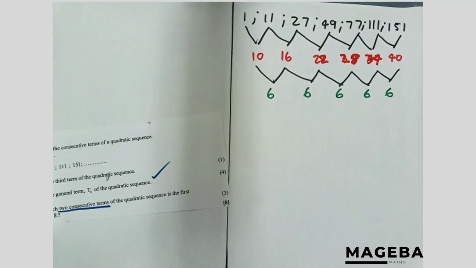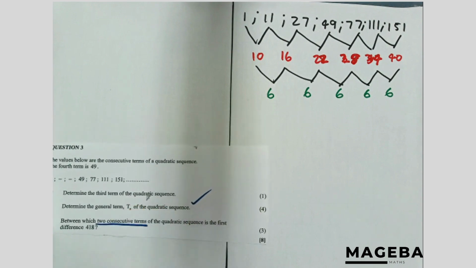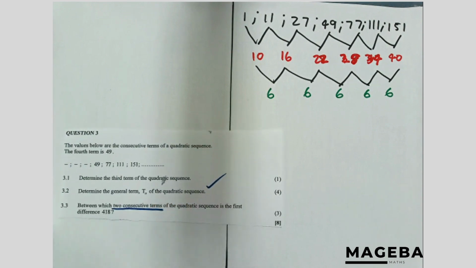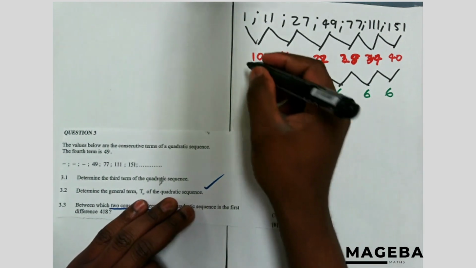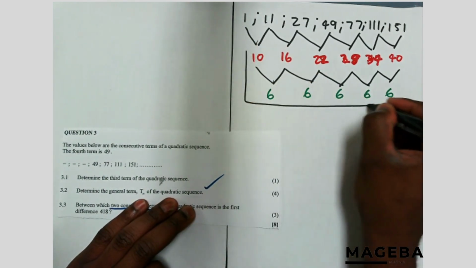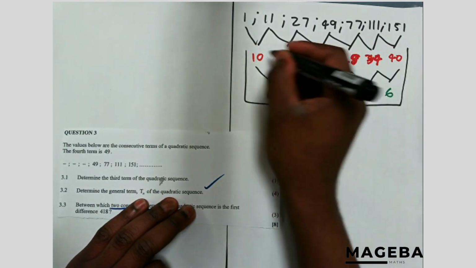Okay guys, our last part, 3.3, says between two consecutive terms of the quadratic sequence the difference is 418. How do you find the two consecutive terms? You take the first difference of the quadratic.